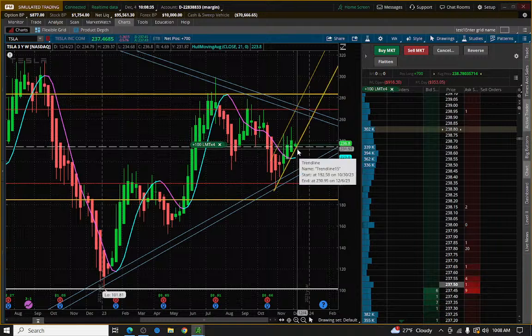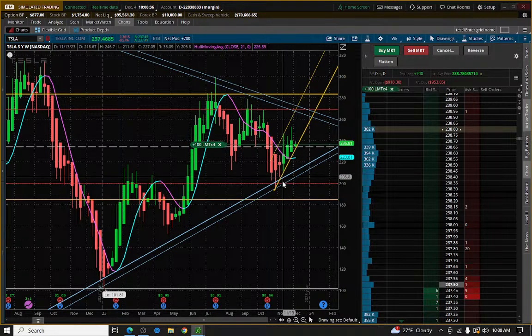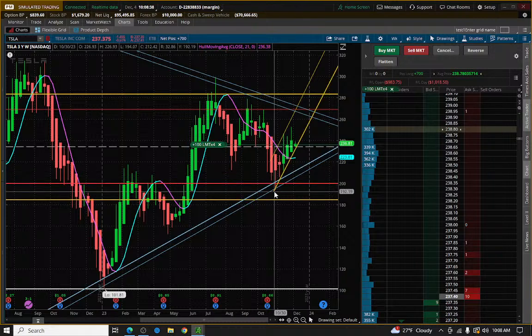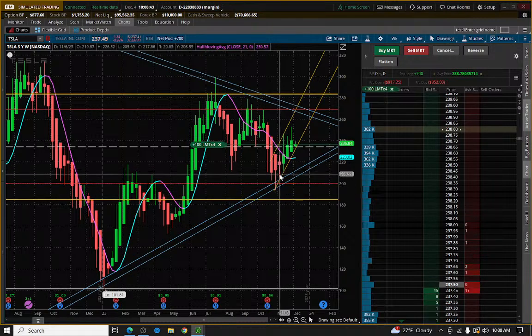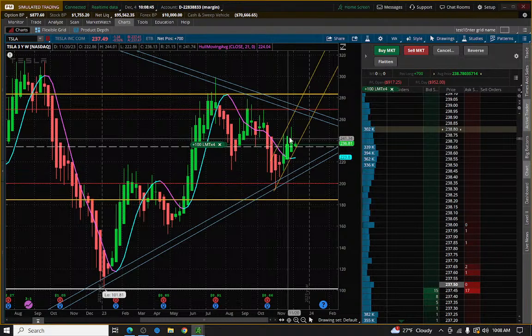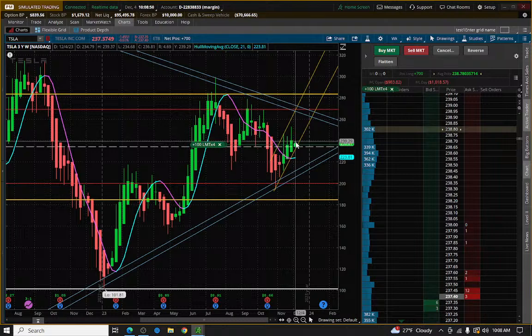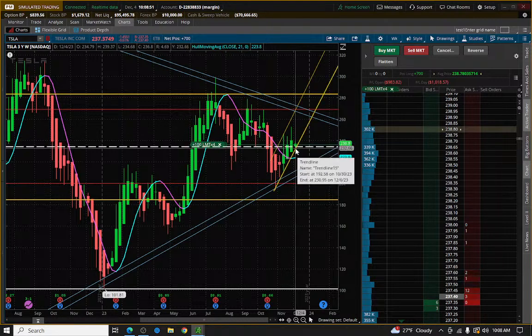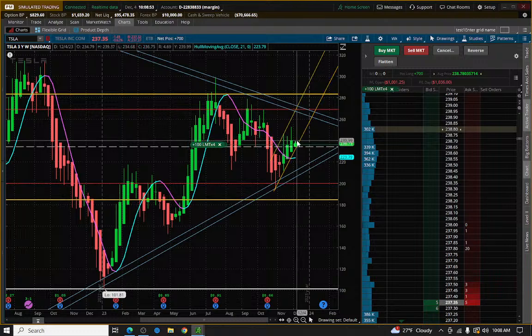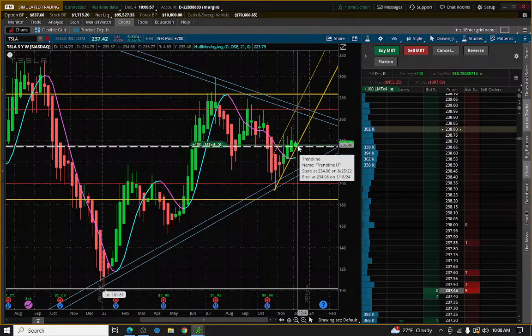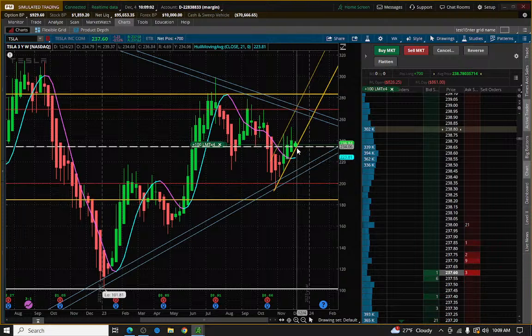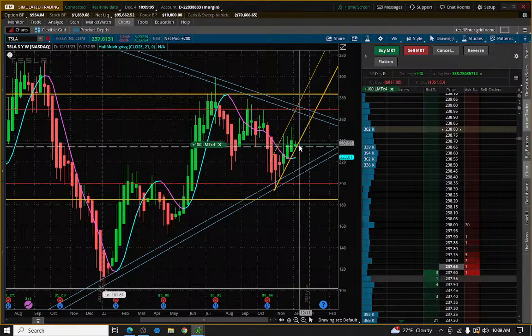The weekly's still a buy. What I don't like about this weekly, here we're good. They cleaned the bus out here with these long wicks on the bottom. But I don't like this wick here, and it remains to be seen what we get for a wick here. Are we going to stay in this tight range, heading up? So far, so good. We don't want to stray far from that yellow line.